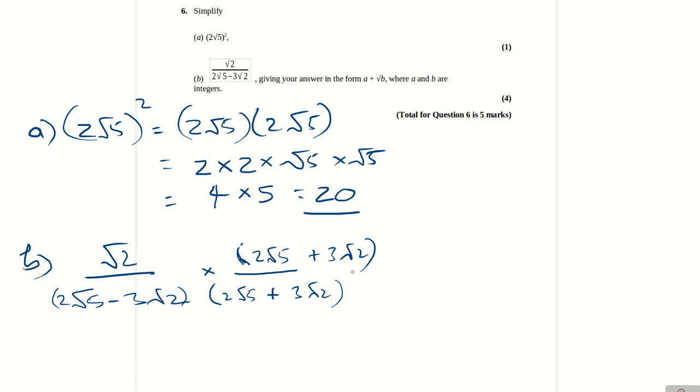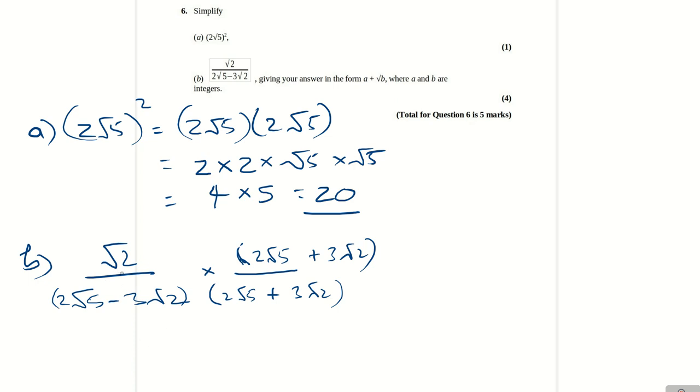And it should be fairly easy to also multiply out 3 root 2 by 3 root 2. That's going to also come to a whole number, not a surd. So let's try and multiply these out.